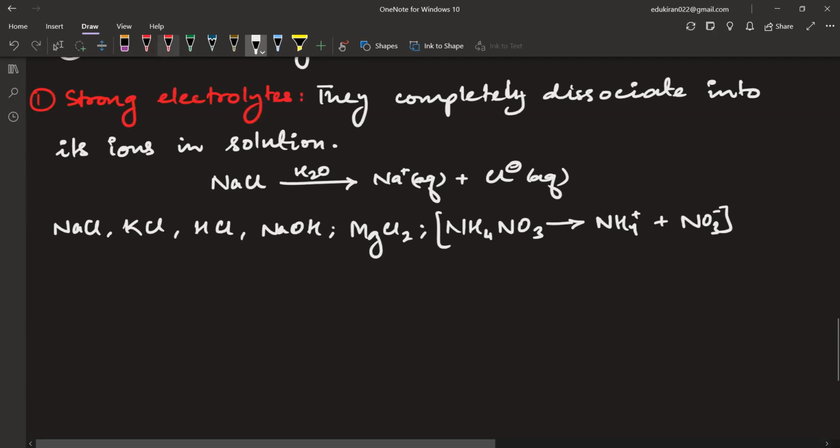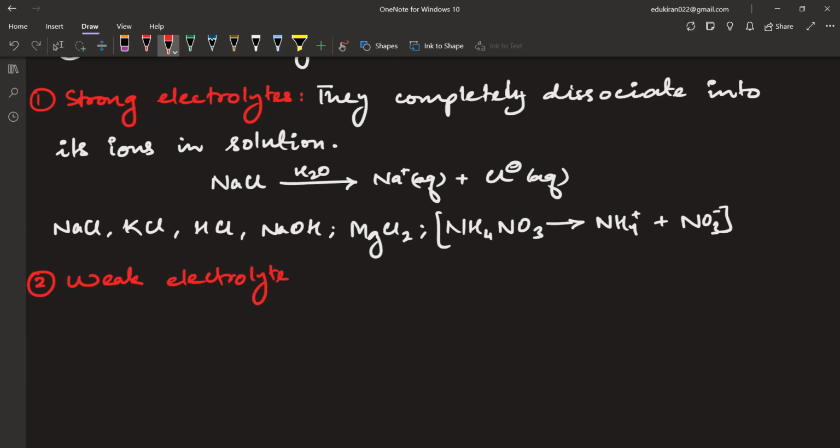Next is weak electrolytes. Weak electrolytes, what will happen? They will not dissociate completely into ions.